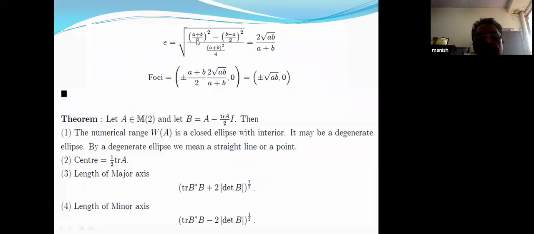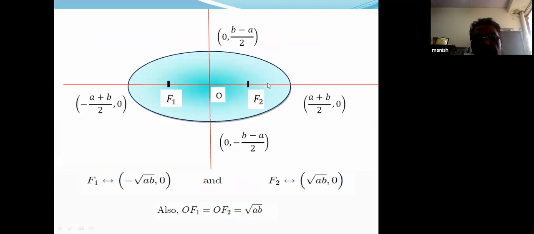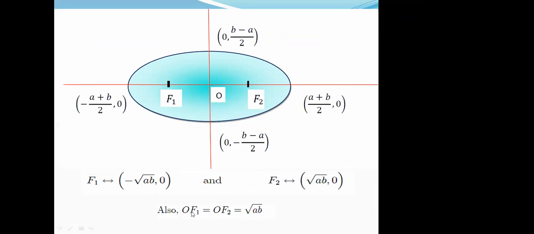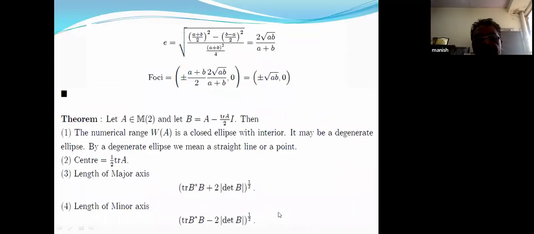Eccentricity comes out to be this once the length of the major axis is known. From this we calculate the foci, which are plus minus root AB, 0. So these are the foci. Also, the distance from the center to F1 and F2 is root AB.